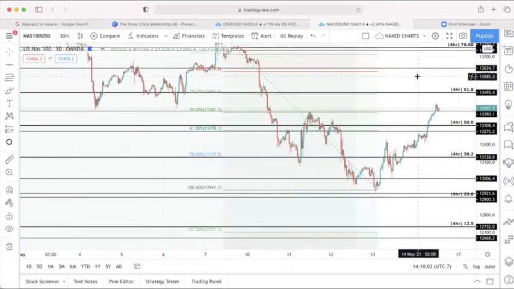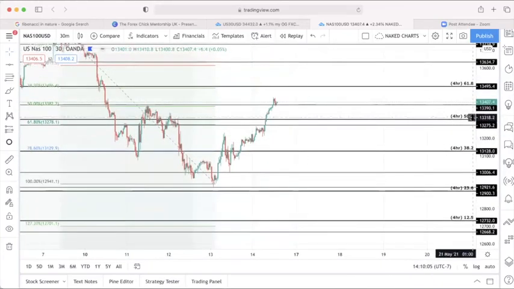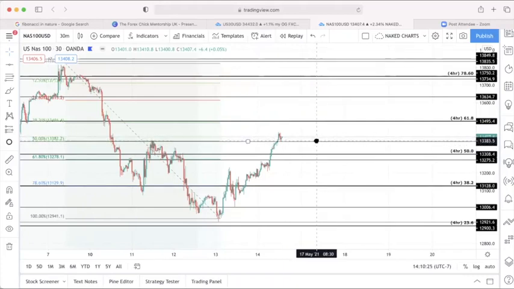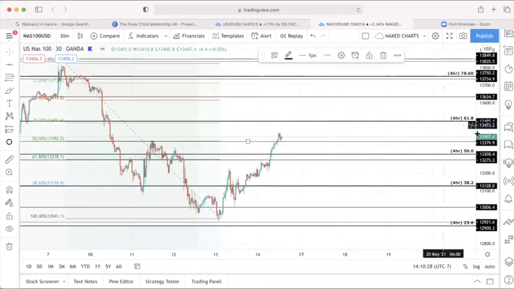It's beautiful. So you guys, with this uptrend, just by looking at this, do you think that when the market opens the NAS is going to go up or down? Just from looking at the Fibs, and let's see if we're right once the market opens, okay?